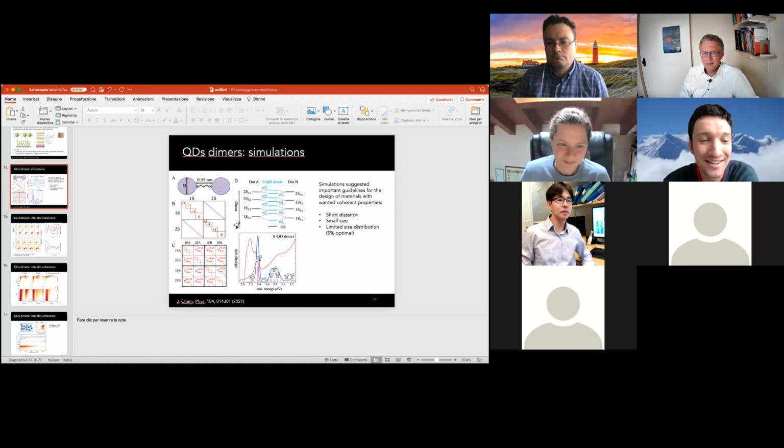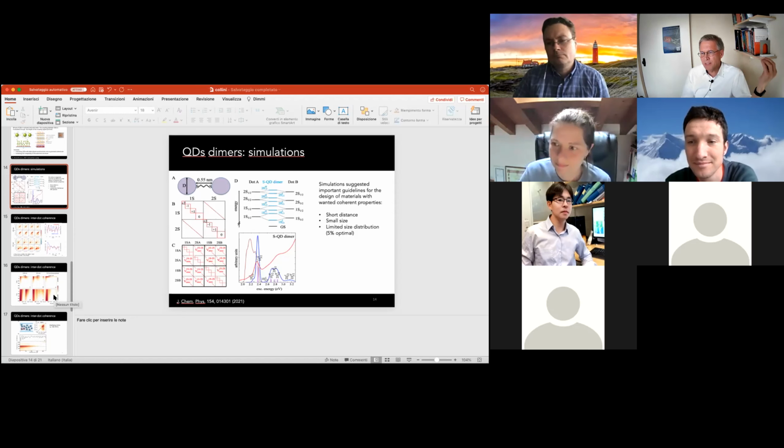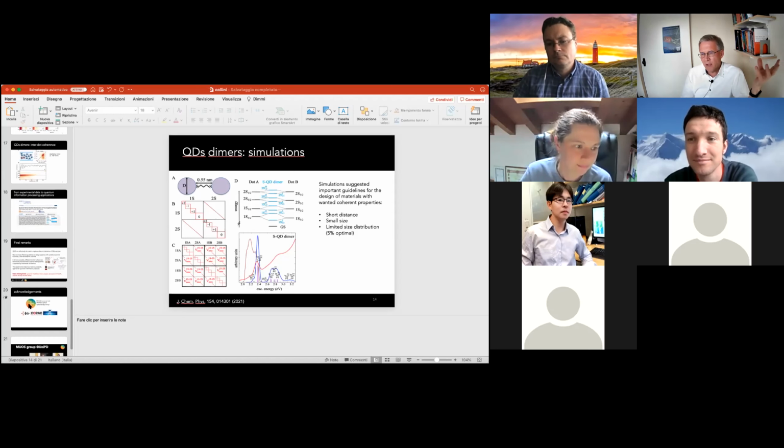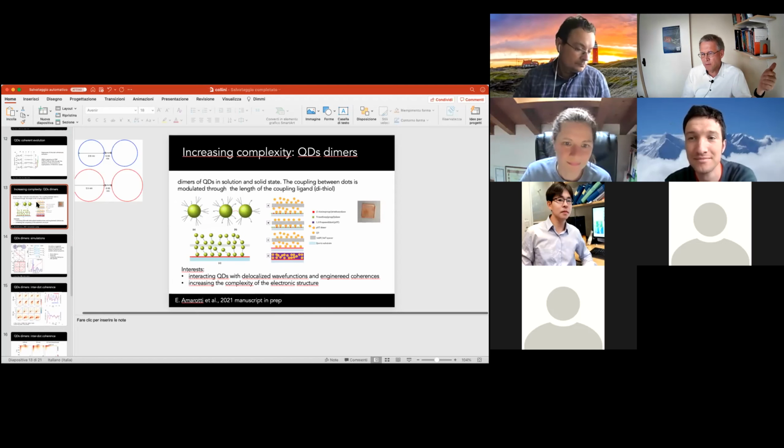I would like to continue this question, if I may. What if you simply begin to deposit these quantum dots without any ligands in between them? Simply sticking them together, because you can also do that, for instance at high concentrations in something like polymeric matrices. Of course, then you will have all possible variations between them, but you can enhance the coupling even more.